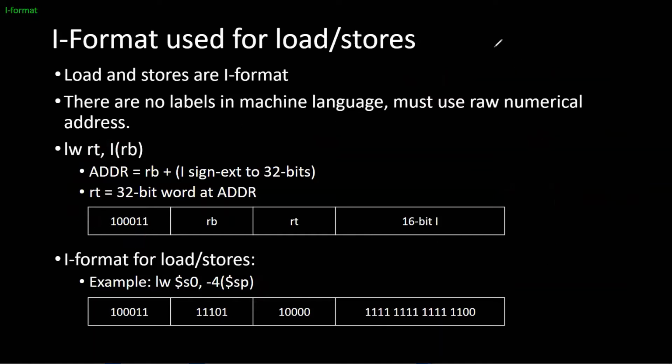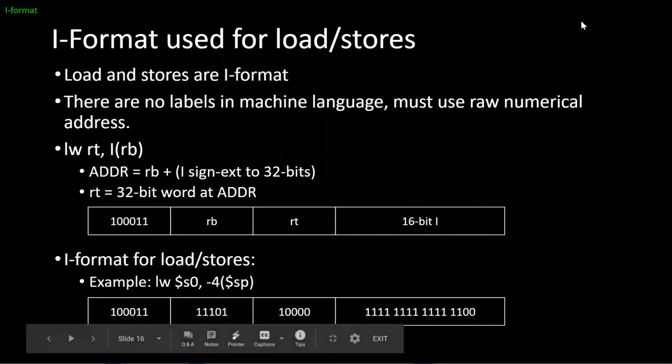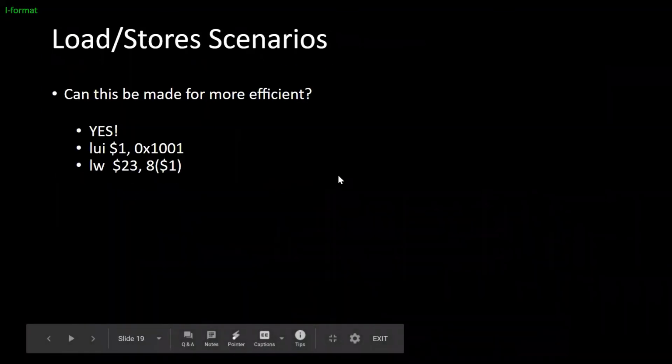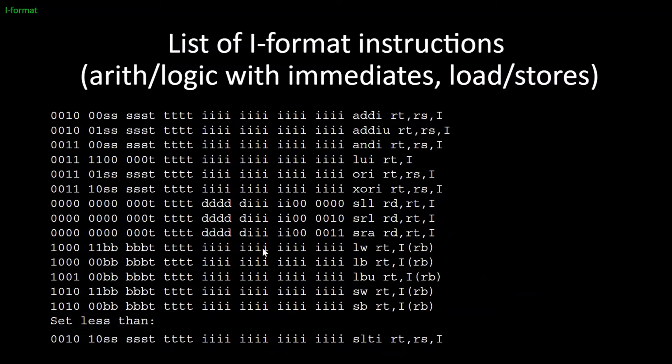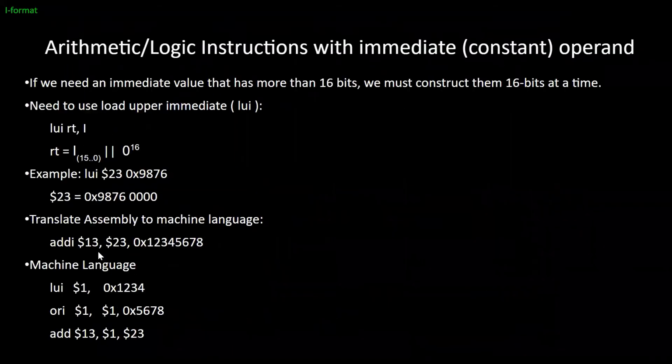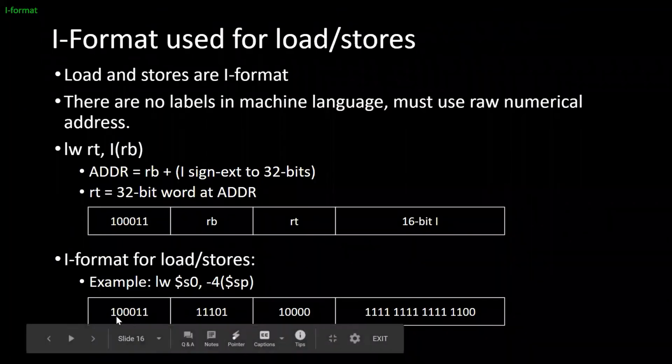If we go to the table further in the slides, here we have load word, and you see all this pattern. You have the 16 I's here, 5 for this register and 5 for that register inside the parentheses. And you see that the code is 1000, so 3 zeros and 1 one. So that is basically what we have here.